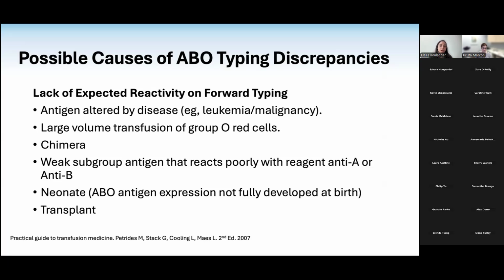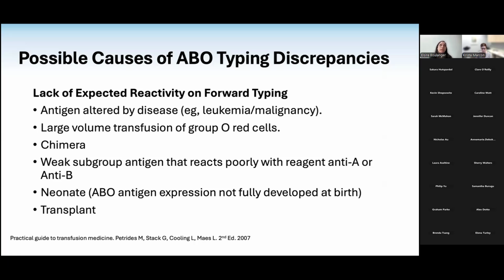The patients who are newborns or even the elderly, at the extremes of life, will not have a full expression of the ABO. With newborns, this is why we don't even test for reverse typing until they are around 4 to 6 months of age, because their expression of the forward grouping is weak.